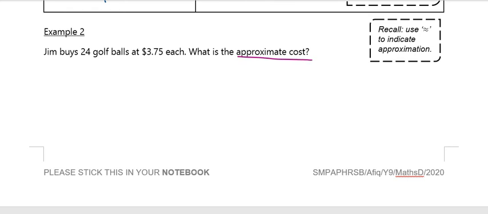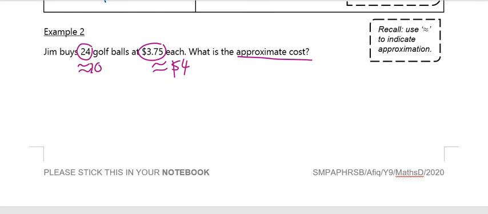Now, just before this, you have to round off the quantities that you see to one significant figure. So here, you know that one ball is approximately $4, and he buys 24 golf balls, which is about 20.